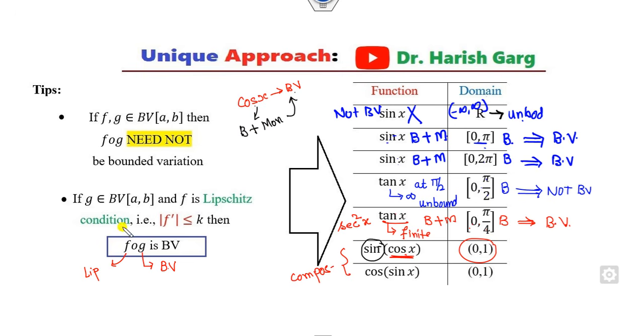For sin x, the derivative of sin x is less than 1, hence sin satisfies the Lipschitz condition. So this implies it is of bounded variation. Similarly for this, it is of bounded variation. This cos x satisfies the Lipschitz condition, so this is also of bounded variation.